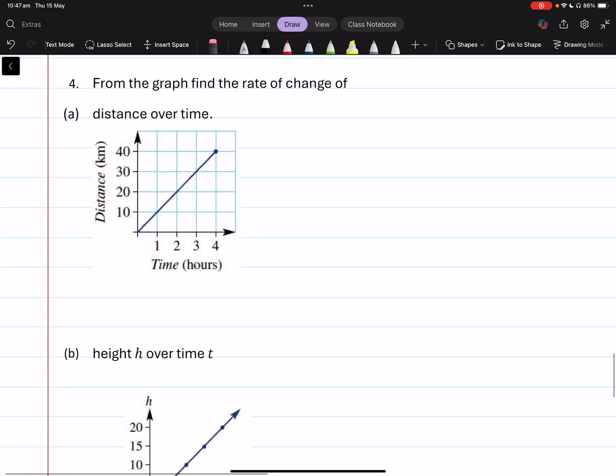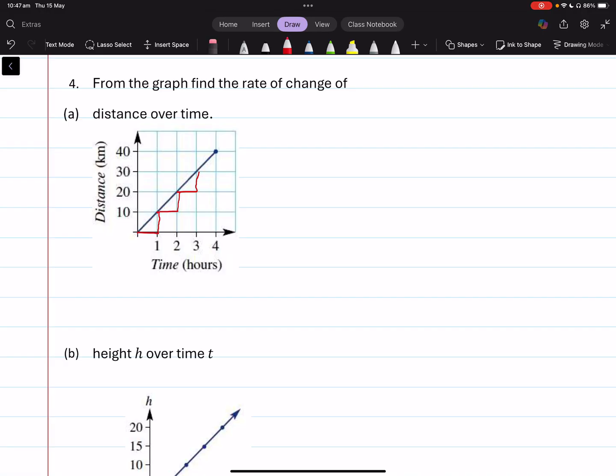Okay, a couple of last questions here. From the graph, find the rate of change of distance over time. Okay, so rate of change of distance over time. Here you'll notice, for a time of 1 hour, the distance goes up by 10. In fact, every 1 hour you add, the distance goes up by 10. Across 1, up 10.